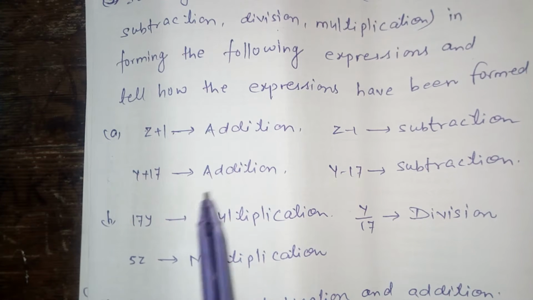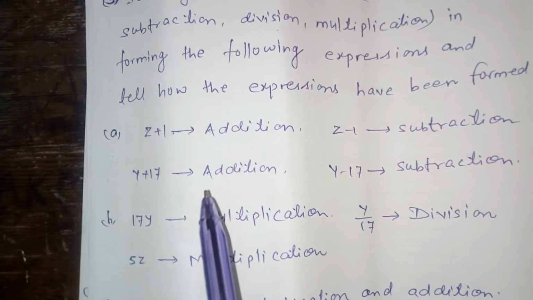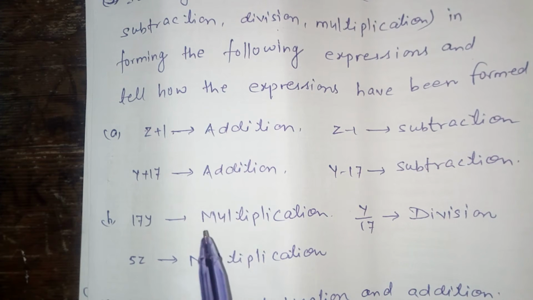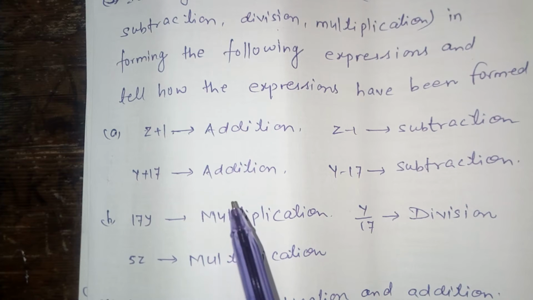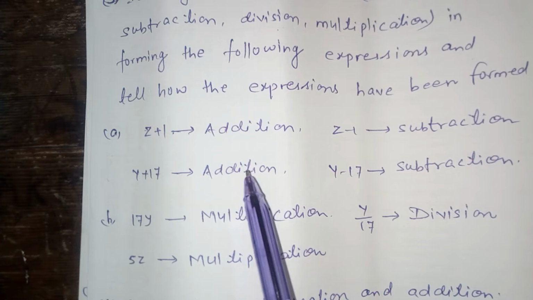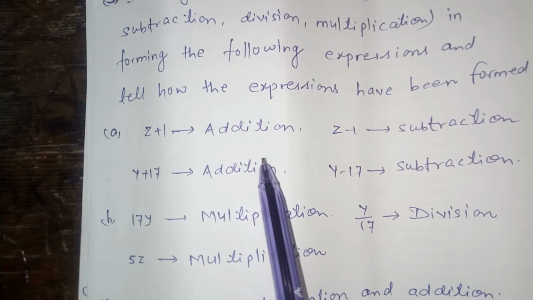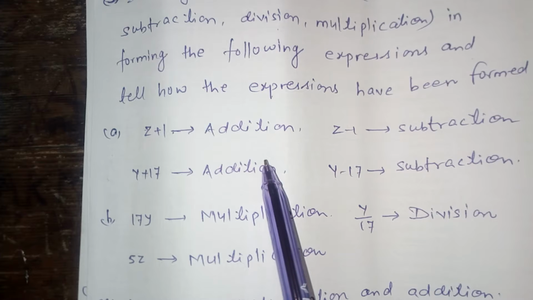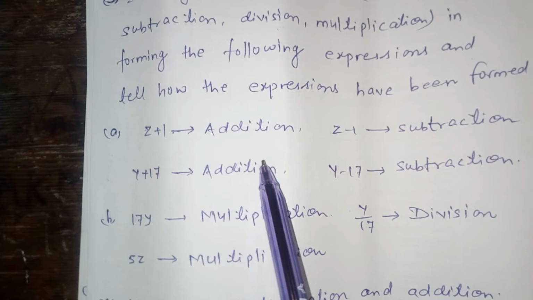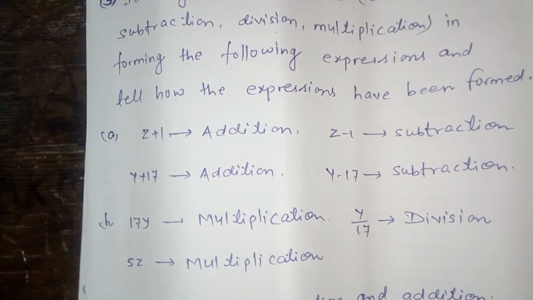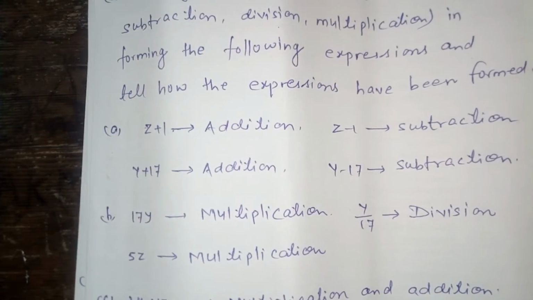Now what will you do? You can identify the mathematical operation. As you know very well, there are four types of mathematical operators: addition, subtraction, multiplication and division. Now we will discuss the solution of this question.